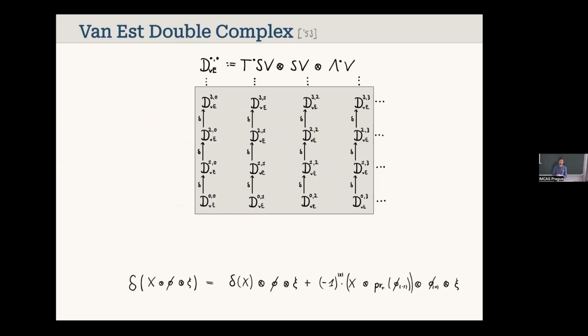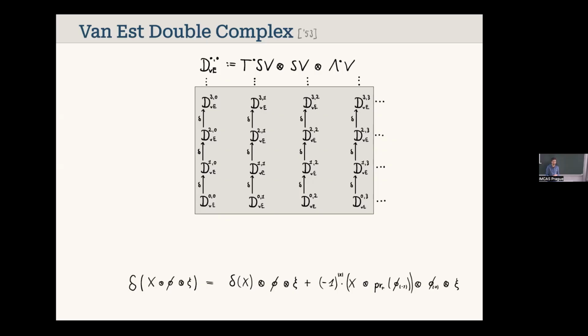Okay, now on the columns, we can do something really similar. We want to increase now the tensor degree by 1. So how can we do that if we apply it to x, phi, xi? Well, one way is applying our delta from before to x. This was the reduced shuffle coproduct, which we apply to every single x, and then it splits into 2 parts. So it increases the tensor degree here by 1.